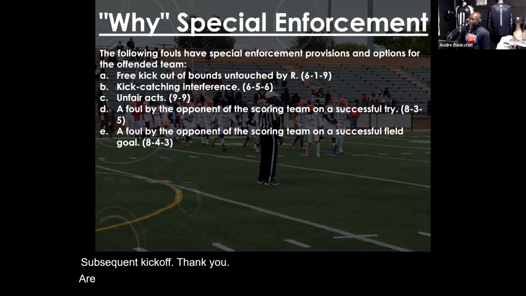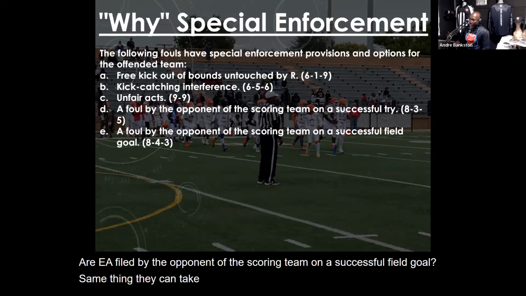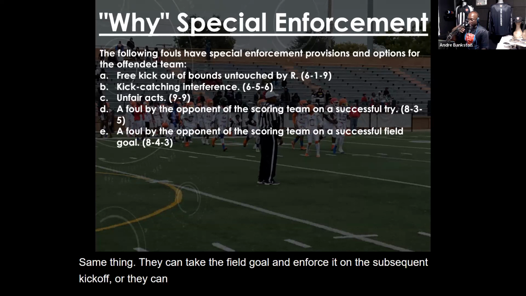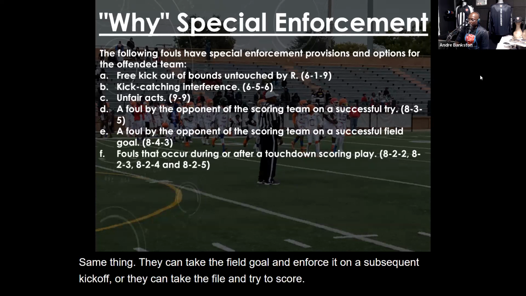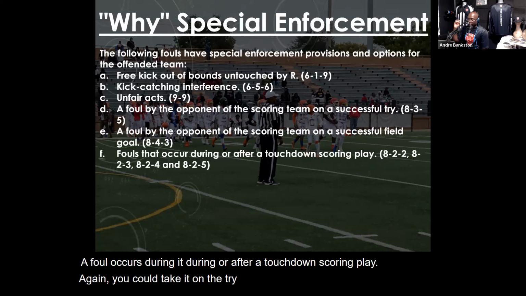A foul by the opponent of the scoring team on a successful field goal, same thing. They can take the field goal and enforce the foul on a subsequent kickoff, or they can take the foul and try to score. A foul occurs during or after a touchdown scoring play. Again, you can take it on the try or the subsequent kickoff.